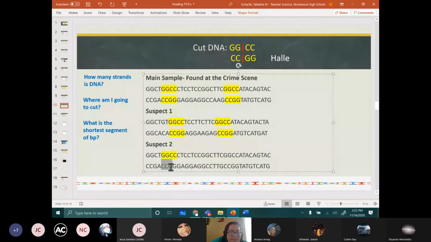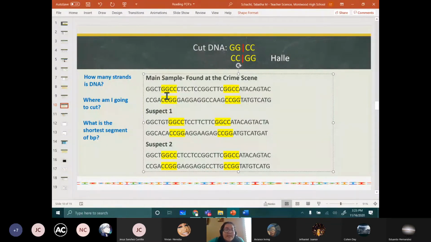And on the bottom, it should be CCGG. Then I'm going to look to see if there's any more. Here's one more. And that is it. Okay. So now I have highlighted the exact area that the restriction enzyme wants to use.